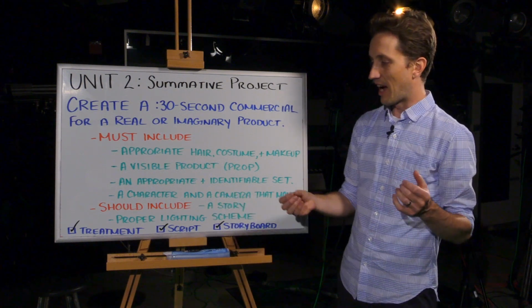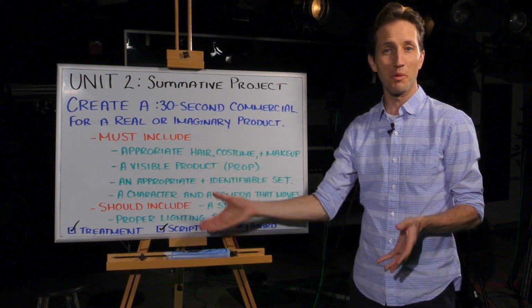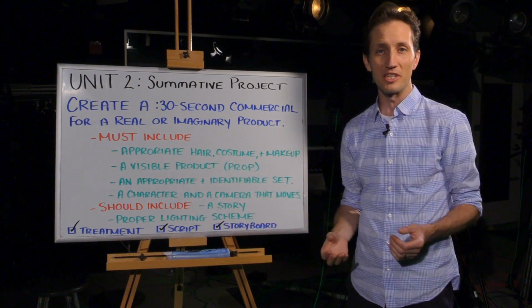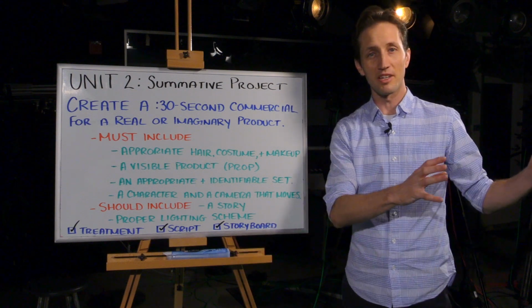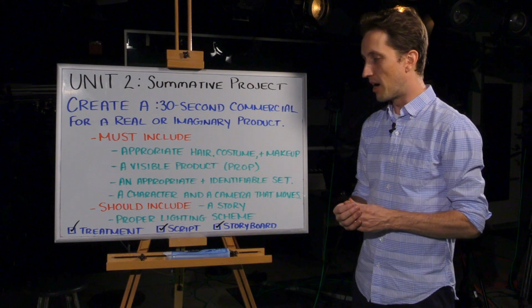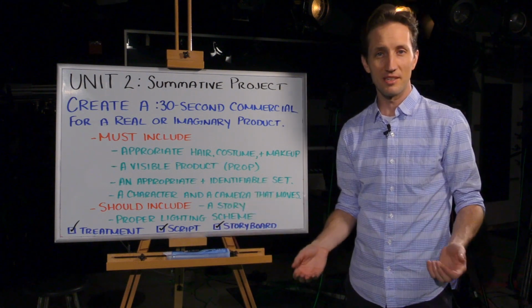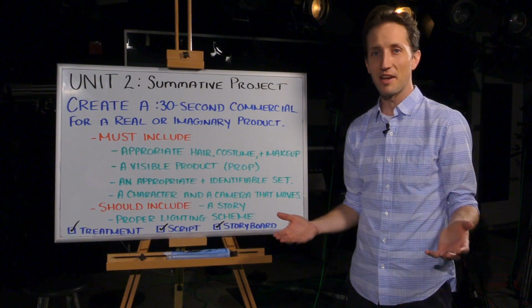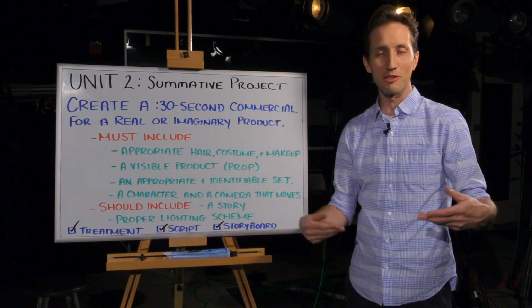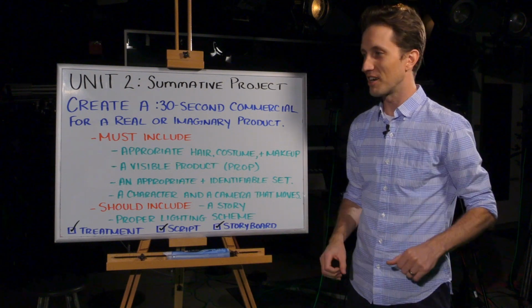And you should also include proper lighting. Now, I understand that lighting is probably the most important thing that we talked about this unit in helping your student videos look more professional. But I also understand that lights are expensive and you might not have a nice 3-point lighting kit in your garage. I'm really hung up on garages right now.